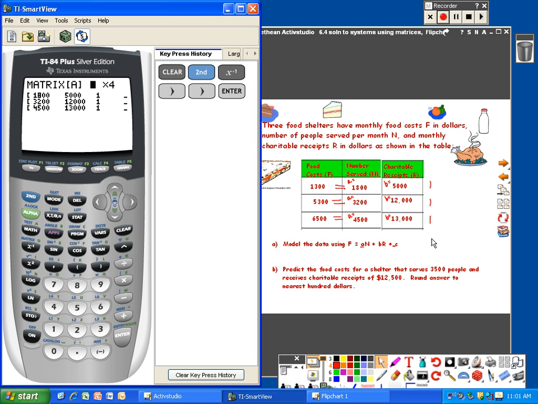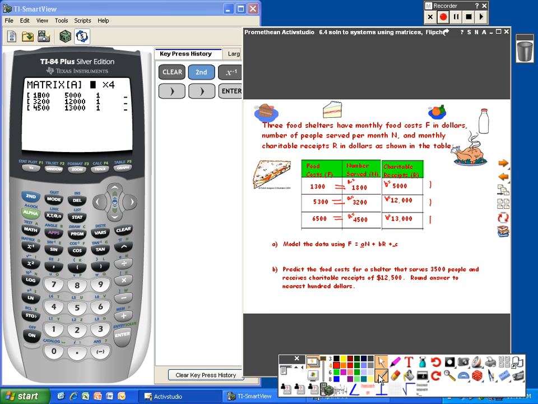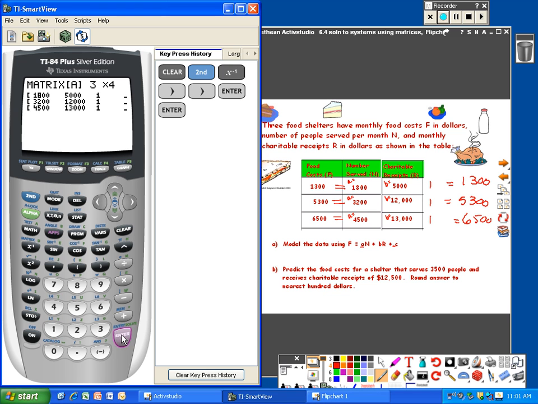And this will be my augmented part of f. So actually, maybe we should write it this way. Equals 1300, equals 5300, equals 6500. Okay? So it is a 3, enter, by 4, enter.